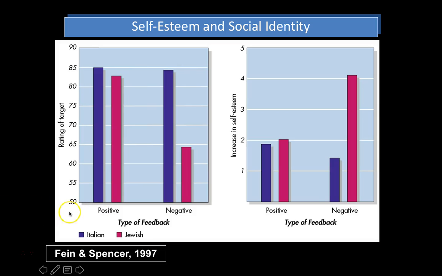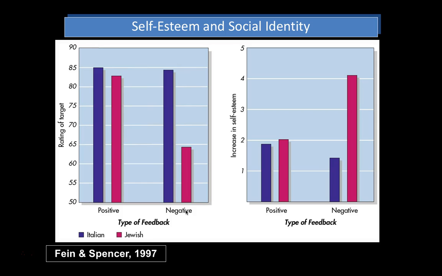And some of the participants got positive feedback. Wow, you did really good. You're really good with these intellectual kinds of skills. It's kind of like an intelligence test. So they get this real positive feedback. And then the other half got negative feedback, essentially saying you didn't do so well.